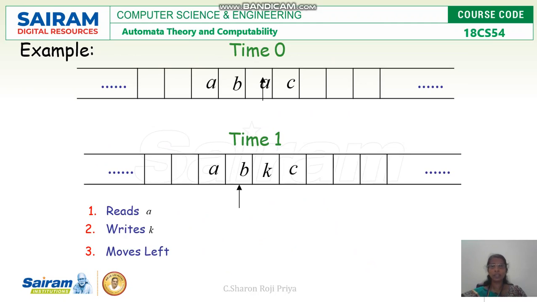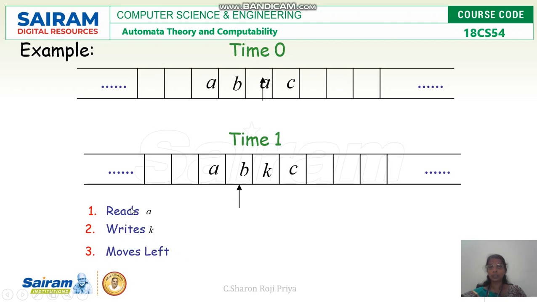Here's an example. This is the initial configuration. The read-write head is pointing to the data A. It reads A, then this A is replaced with K, that is, it writes K into that cell, and then the read-write head moves in the left direction.